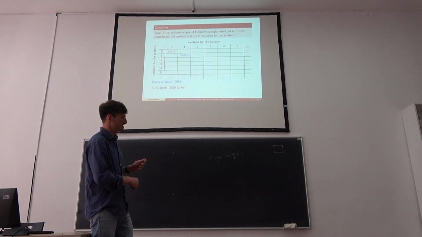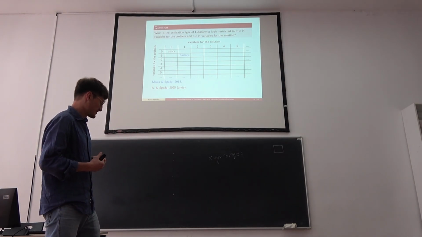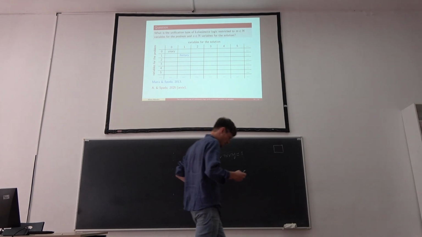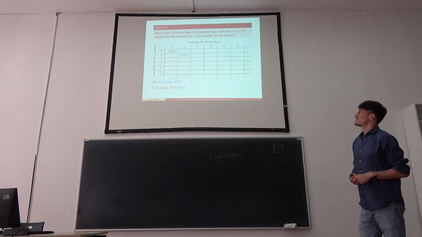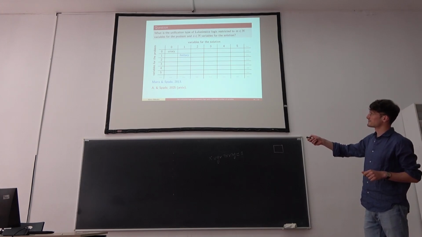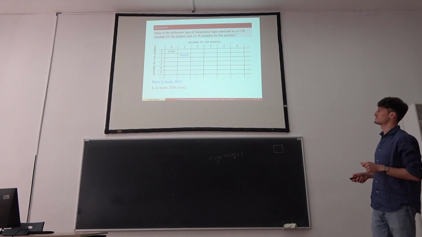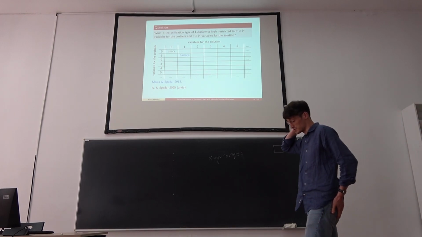So, okay, we have a whole table of problems for which we might ask the unification type. Here we have the variables allowed for the problem, and here the number of variables allowed for the solution. And so the question is, what is the unification type of Łukasiewicz logic restricted to m variables for the problem and n variables for the solution?